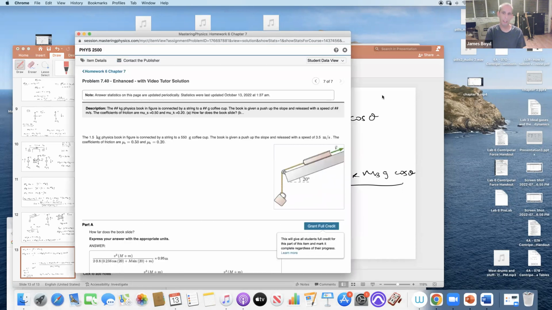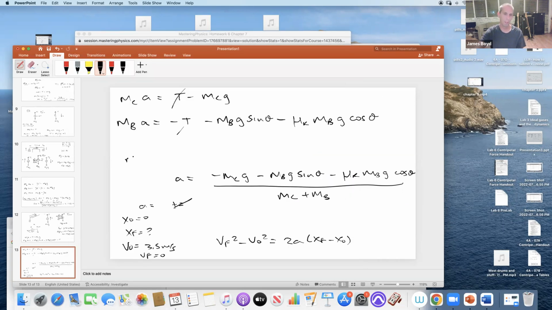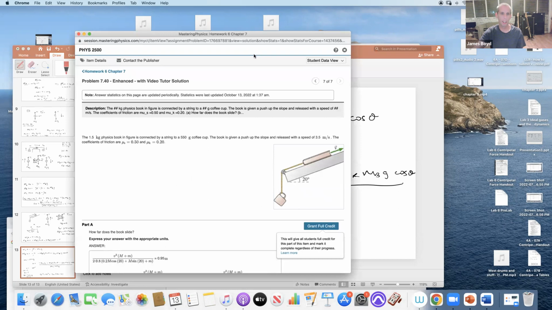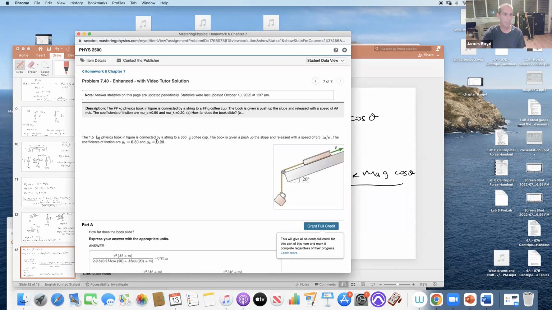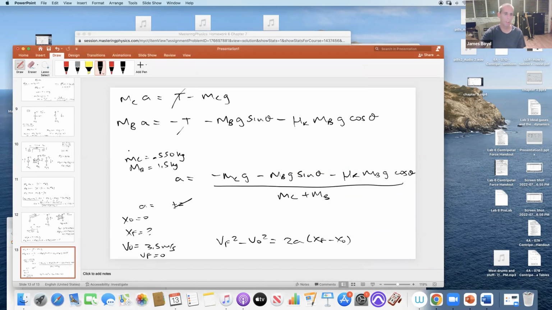Now the cup is 55 grams. m_c is 0.550 kilograms, everything in SI. Gravity is obviously 9.8. The book, mass b, is 1.5 kilograms. And mu_k is 0.2. So this is 0.550 times 9.8. This is 1.5, 9.8.